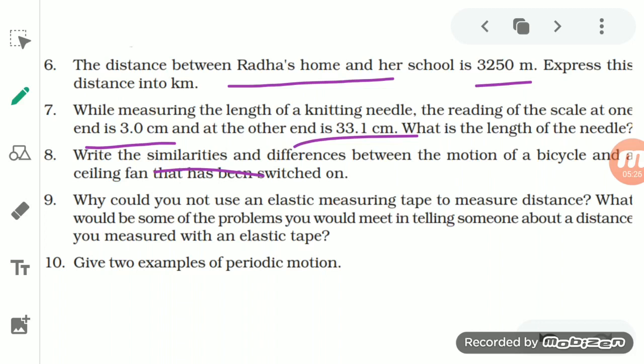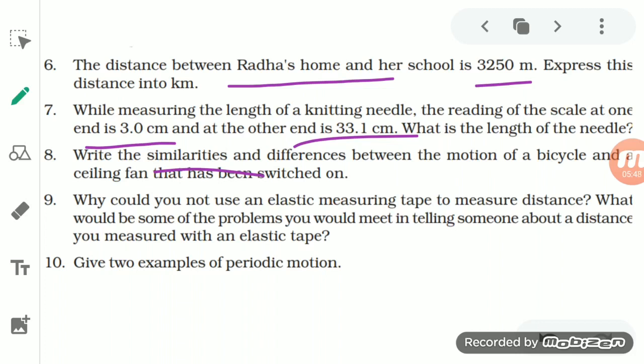So they possess circular motion, or we can say they possess rotational motion. The bicycle wheel and the ceiling fan rotate, or move, around their own axis. Such kind of movement we call a rotational motion, or a circular motion.